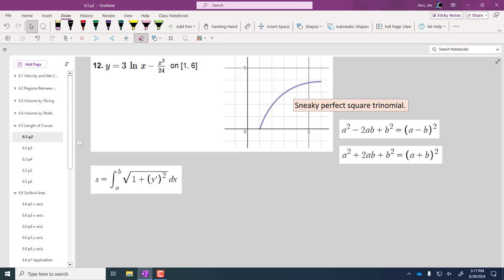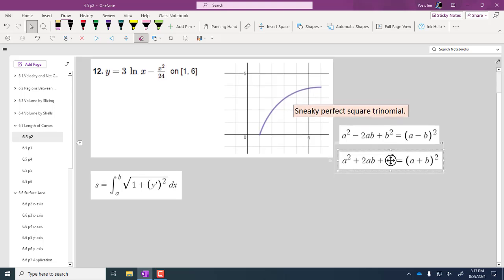If you FOIL this back out, you would go the other direction. So just keep that in mind. Notice that if we have this perfect square trinomial with the minus, if we only change the sign from negative to positive, then all of a sudden the factorization is the same, except that we have a positive instead of a negative.